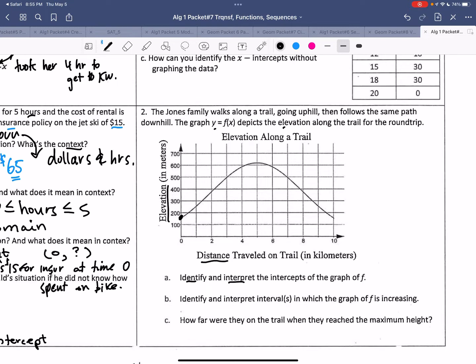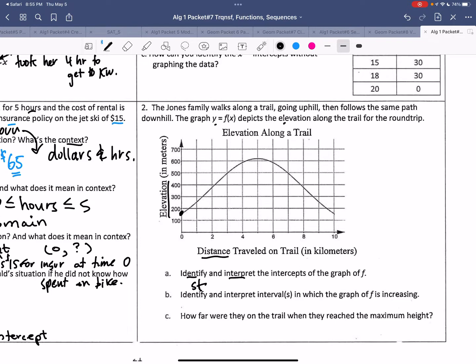So they start the trail somewhere between 100 and 200, around 150 meters elevation. That's how high they are when they start the trail. So they must drive up the mountain just to get to the height of the trail.